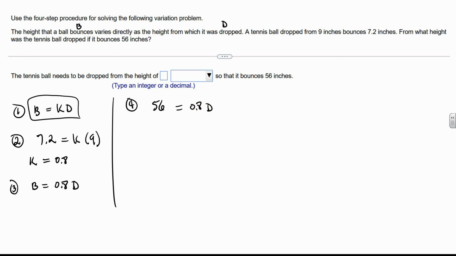For this problem, we're solving for d, so just divide 56 by 0.8. You get 70. And it looks like it's in inches. Everything is in inches. You got to make sure that you put inches in there.